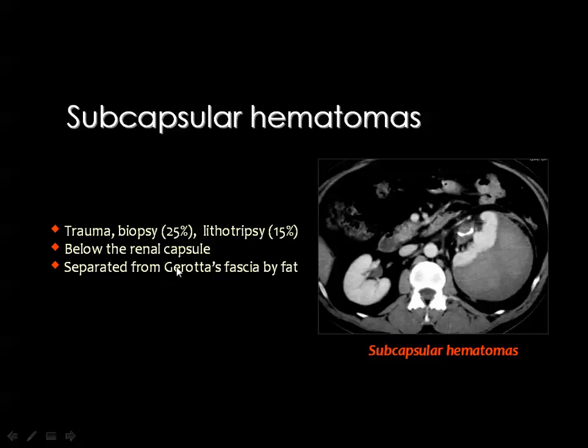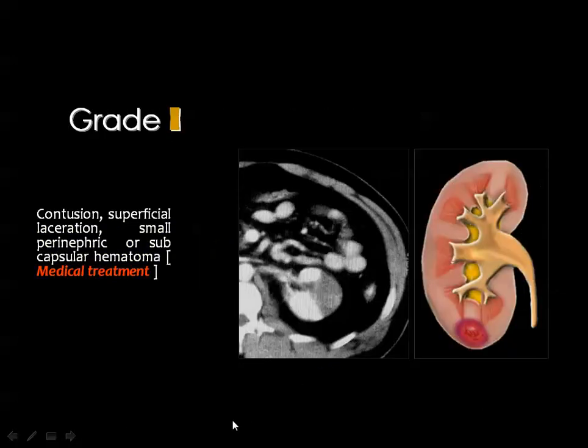The subcapsular hematoma may result from CT-guided biopsies of the renal parenchyma or cases of lithotripsy, and the hematoma is of course present below the renal capsule, not outside the renal capsule, and is separated from the Gerota fascia by the perinephric fat. And this is the Gerota fascia, this faint line, and this is the fat, and this is the subcapsular hematoma.